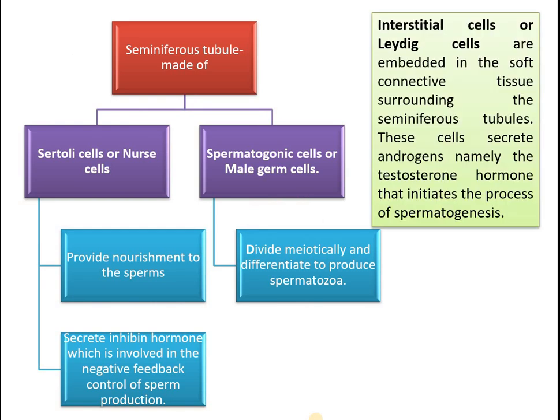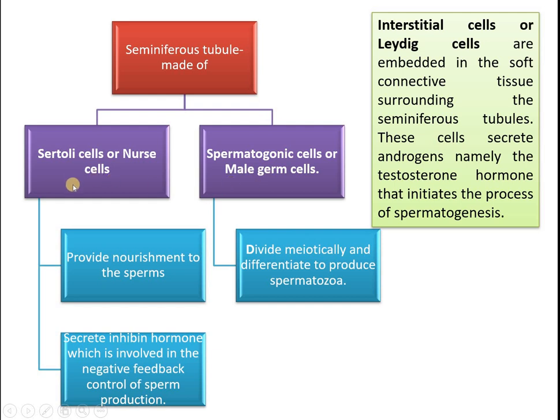Now you must know the structure of the seminiferous tubule because it is very important for the production of sperm. Here you have two cells. One is Sertoli cells or nurse cells, and the second one is spermatogonial cells or male germ cells.